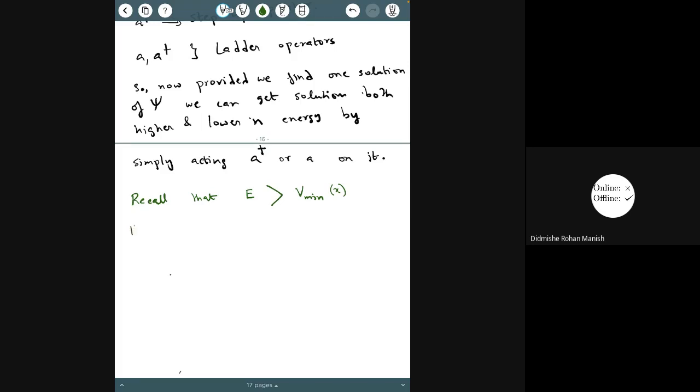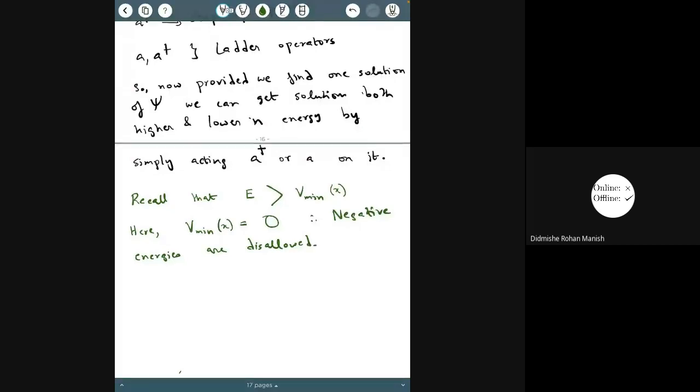Here, V minimum of x is equal to 0. Therefore, negative energies are disallowed.